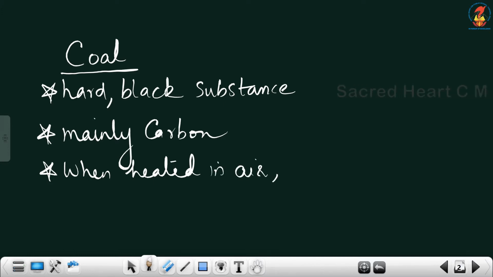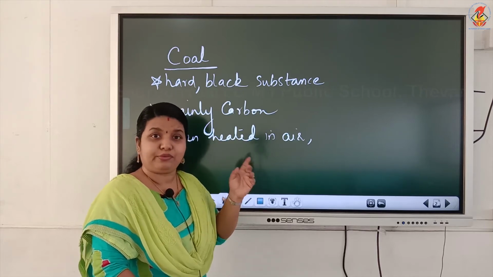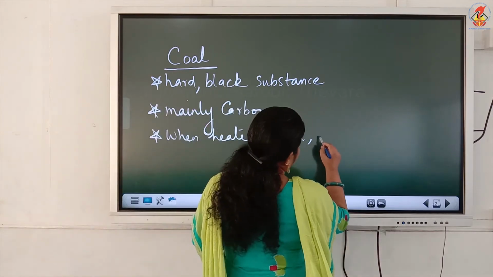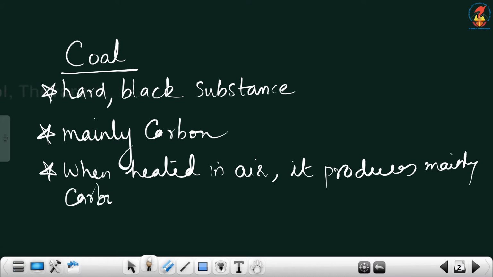In the previous chapter, metals and non-metals, we have learned carbon is a non-metal. What happens when it is heated in air? It will burn in oxygen and change into an oxide. So when heated in air, it produces mainly carbon dioxide gas.